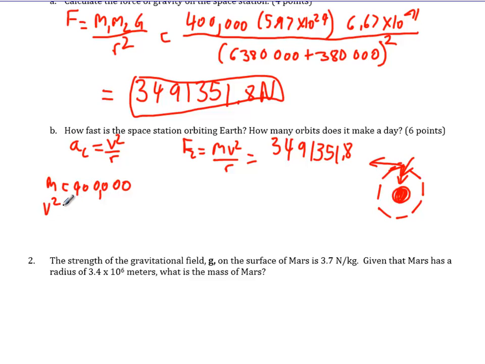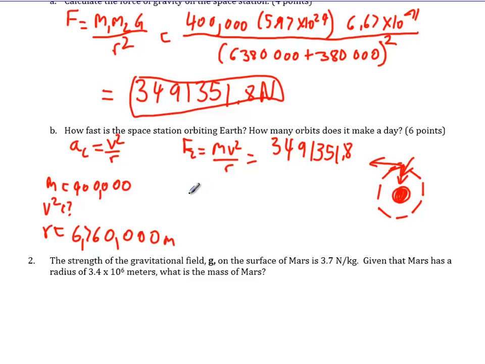V is what we're looking for, so we don't know that one. And r, the distance between them, is this radius, so 6380 plus 380 is 6,760,000 meters. That's the distance between the International Space Station and the center of Earth.